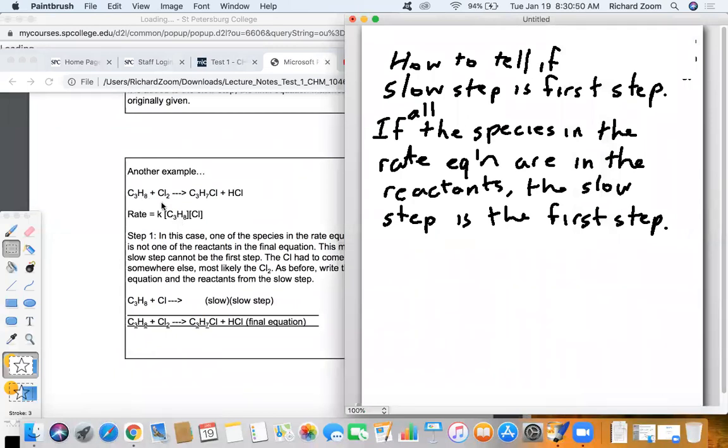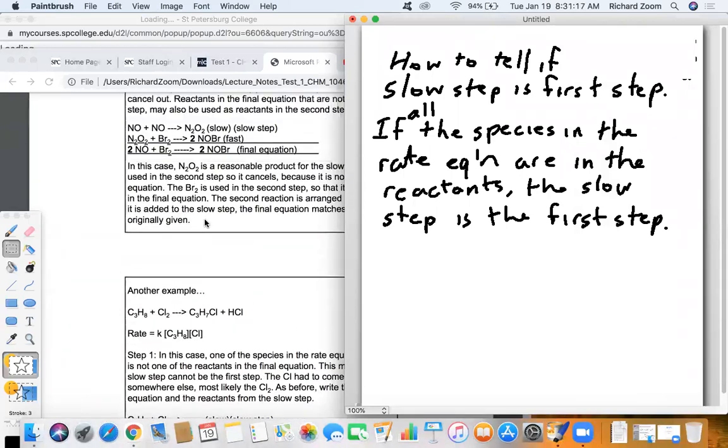I see C3H8 is a reactant, that's fine. But you'll notice that Cl is not a reactant. Cl2 is, but Cl is not a reactant. See, Cl is not a reactant. What that tells me is the slow step is not the first step because of that.